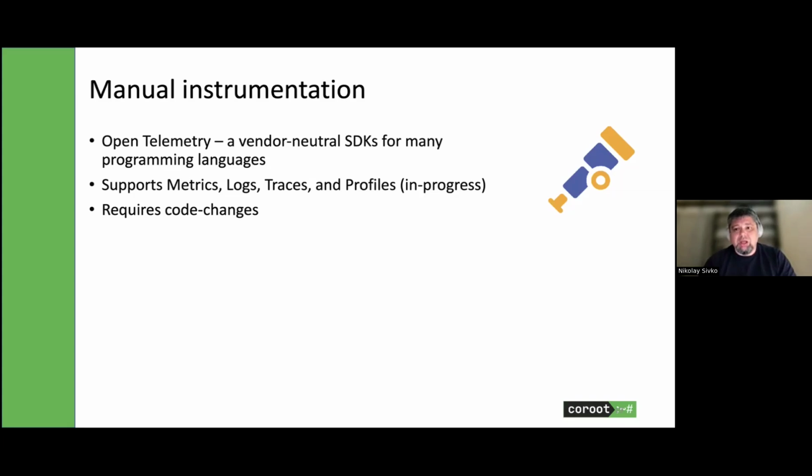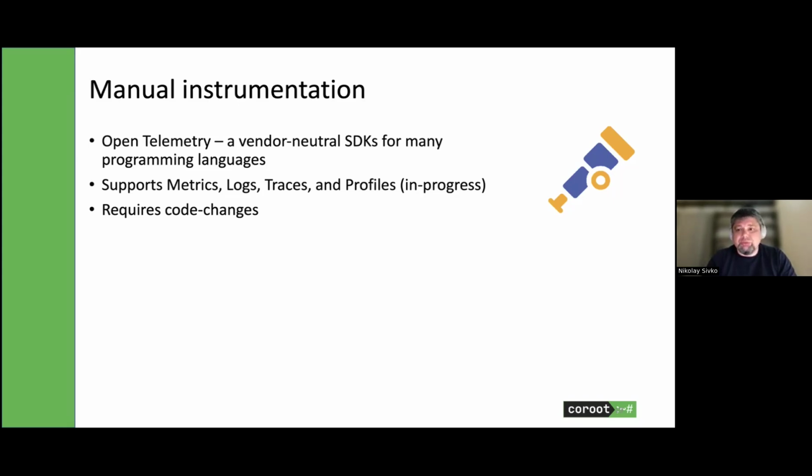You can integrate your Java applications with the OpenTelemetry SDK, and you will have traces covering all the network calls, server calls, and so on. It supports metrics, logs, traces, and now they have started to work on continuous profiling.